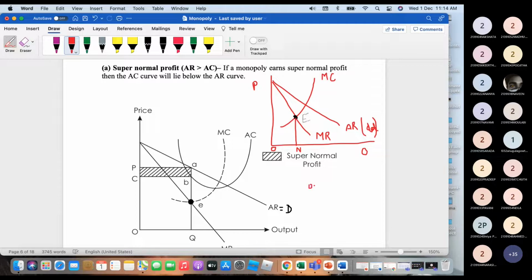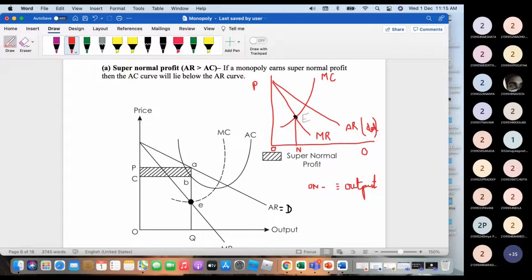Your ON is your equilibrium output, which means that the firm is going to produce ON level of output. This monopolist is going to produce ON level of output.